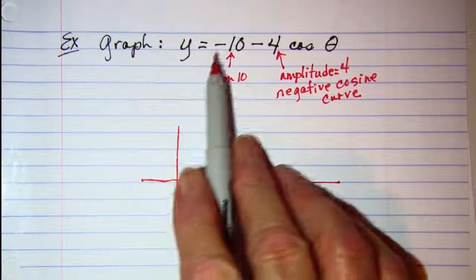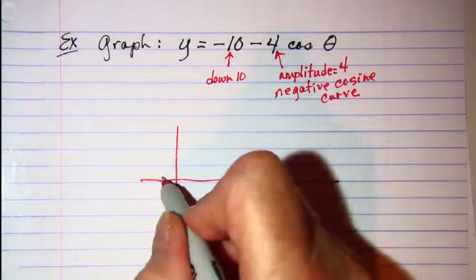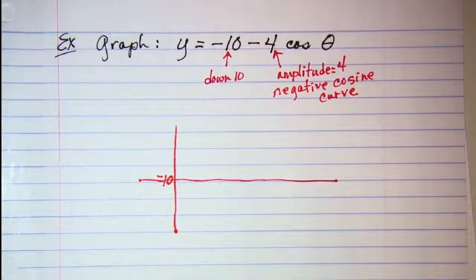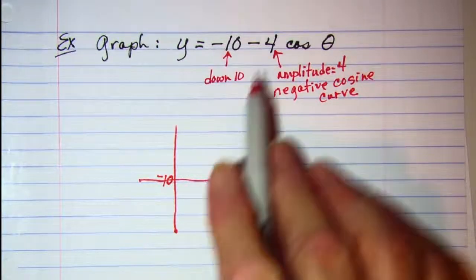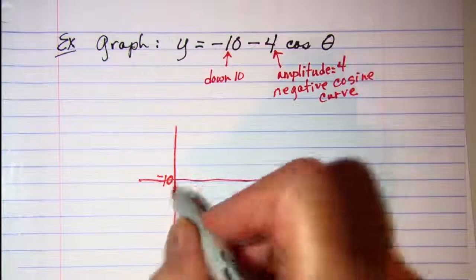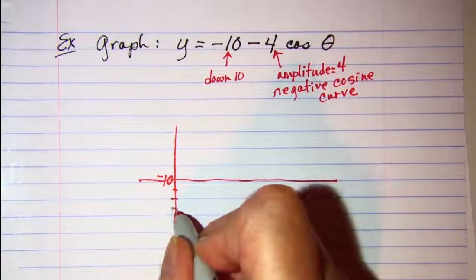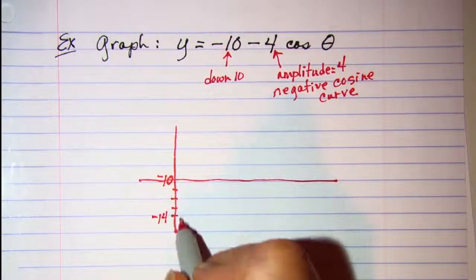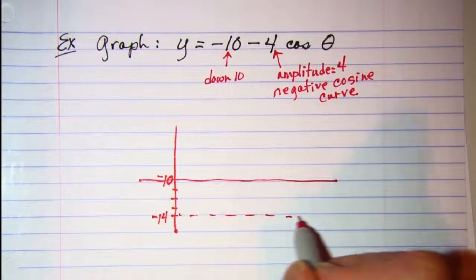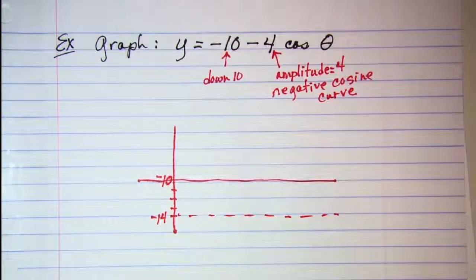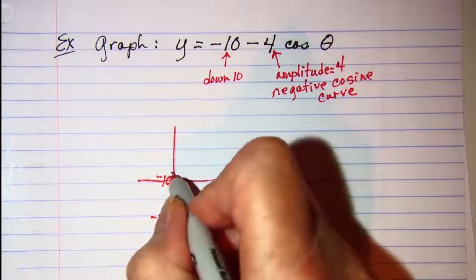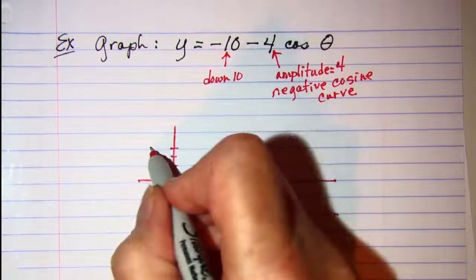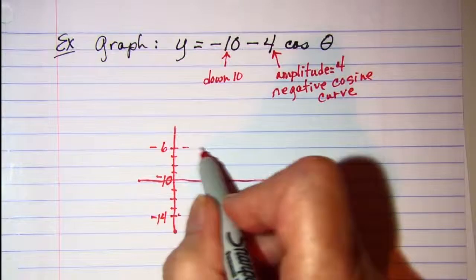So I'm moving my curve down 10, so let's label this horizontal axis as negative 10. And then my amplitude is 4, so subtracting 4 makes this negative 14 right here, my minimum values, and adding 4 will give me a negative 6 as my maximum values.